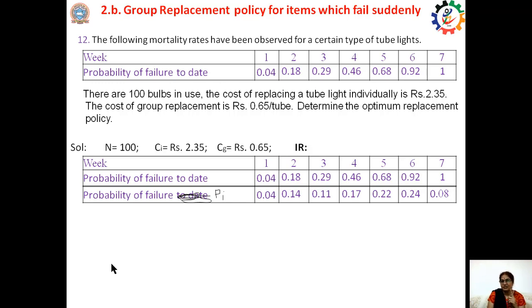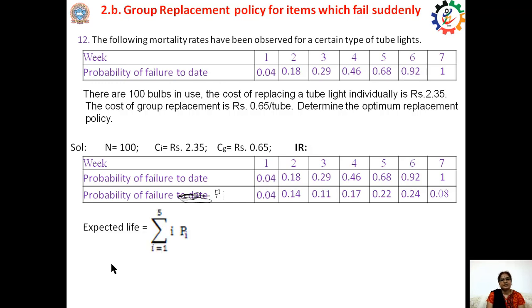Supposing this is the data given and the last value is not given, and it is given only till the sixth one, then you add 0.04 plus 0.14 plus 0.11 plus 0.17 plus 0.22 plus 0.24. You will come to know it is 0.92. So the complete data is not given. So 0.08 is the last week's value. After adding all this, if the sum is not 1, however much difference is there, you add it.